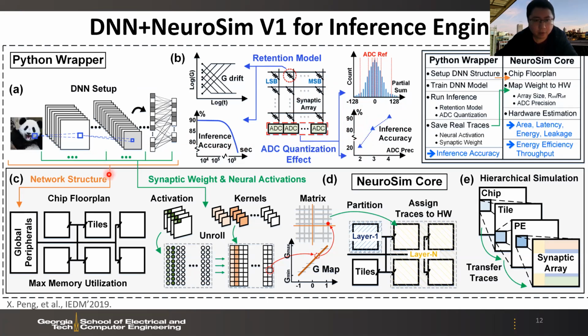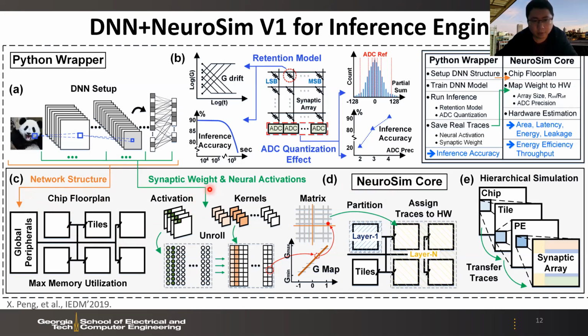And then we need to do the circuit-level performance projection. So this is done in the NeuroSim core, which is based on C++. And we need to take the traces from the neural network. Here the simulator will automatically plan the chip floor plan into different tiles.